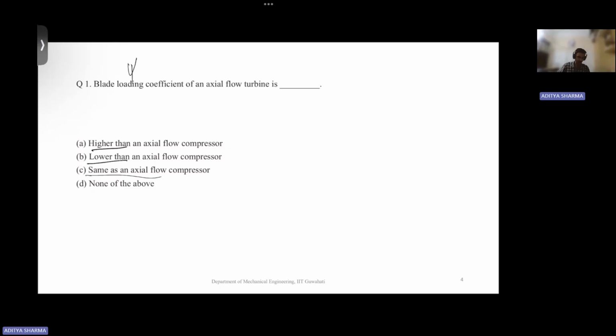The third is same as an axial flow compressor. The fourth is we cannot comment. Which one is the correct option? A is the correct one here. Your blade loading coefficient for axial flow turbines is higher when you compare with axial flow compressors.